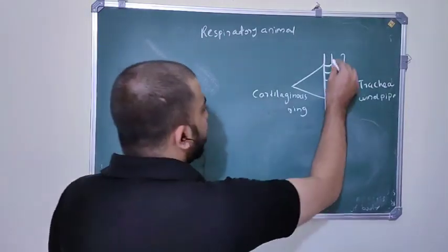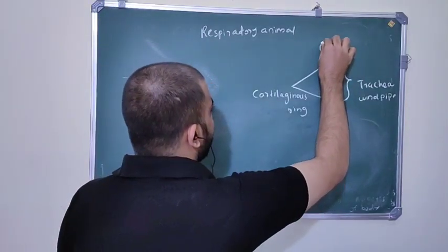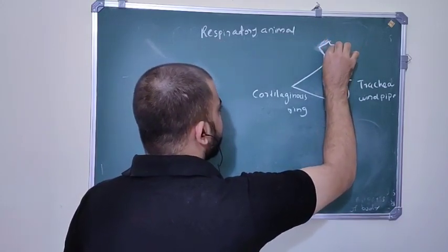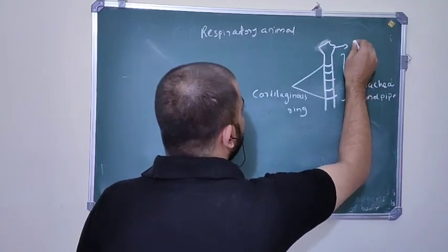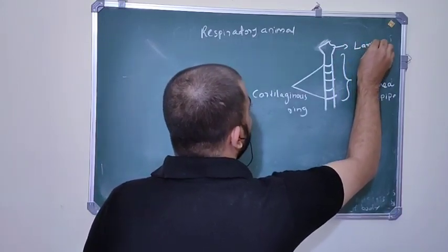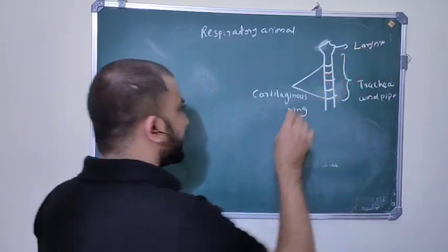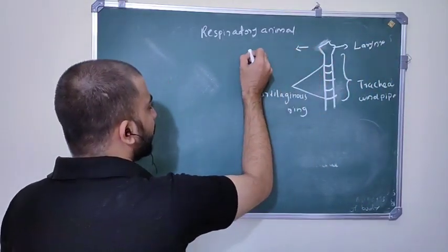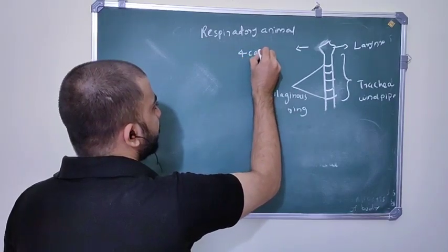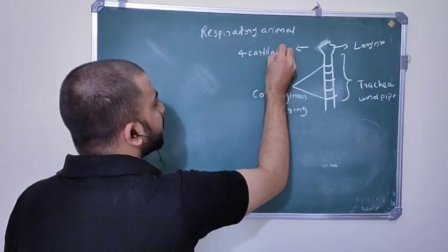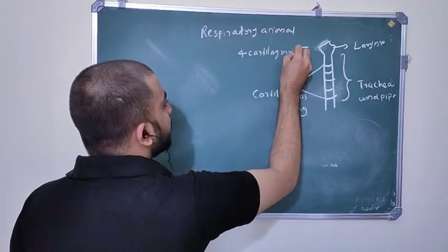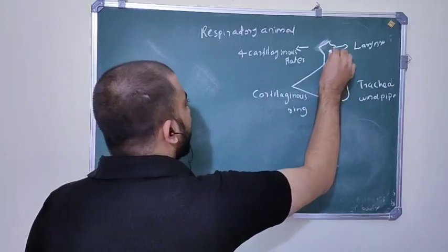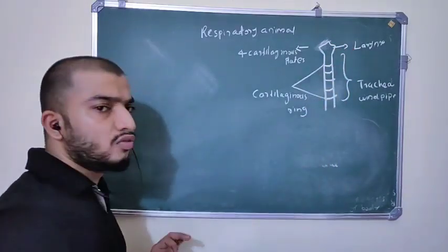At the anterior end of the trachea, you can see the larynx. The larynx is supported by 4 cartilaginous plates, and it is otherwise called the voice box.